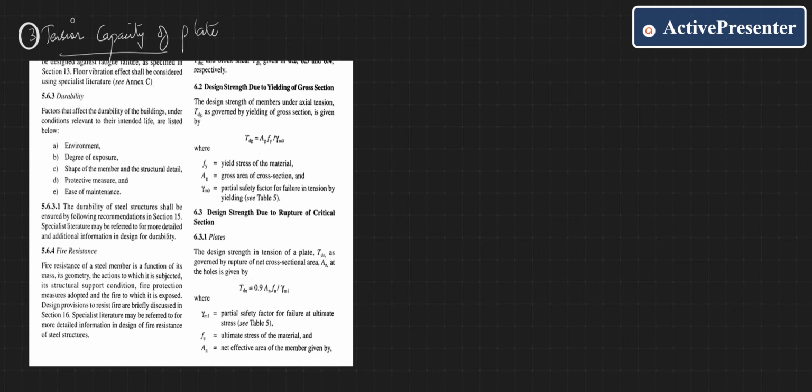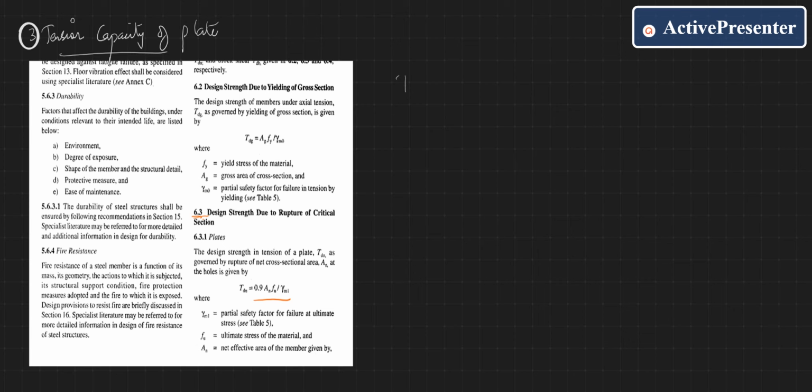The third failure, or the third strength determining factor, is the tension capacity of the plate. This is given in clause number 6.3, that is, the design strength due to rupture of the critical section is given by TDN is equal to 0.9 AN FU divided by gamma ml.